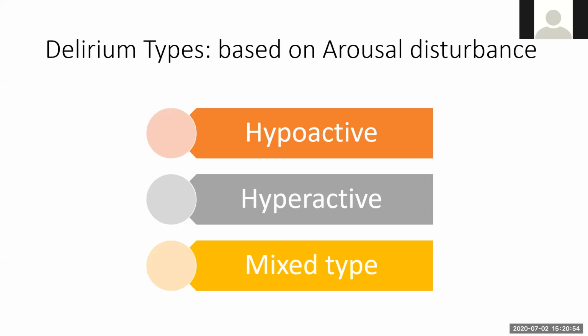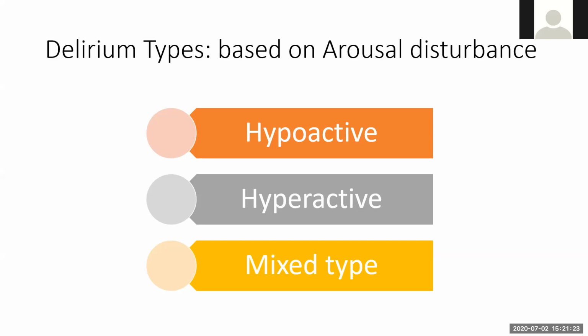Suppose, like Ramu, the example that we were talking about. He was drowsy, he was disoriented. He was not angry, he was not shouting or aggressive, but yet he is delirious. He was in hypoactive delirium. So you can have hyperactive delirium, hypoactive, or sometimes even mixed types of delirium.